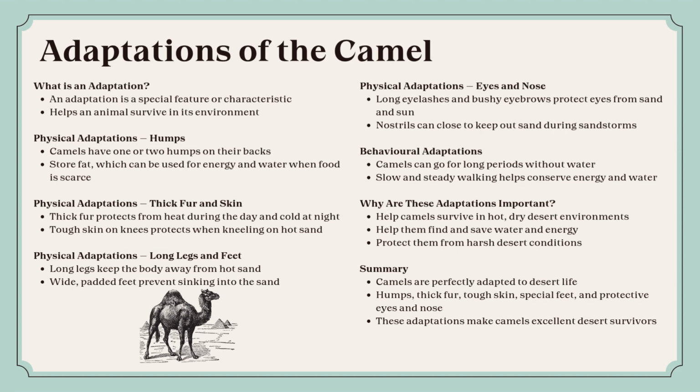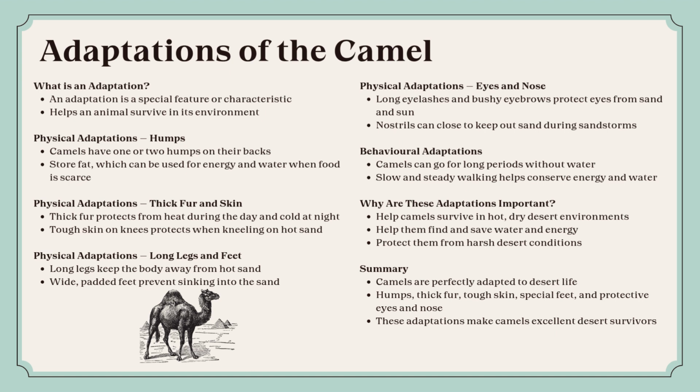Camels also have thick fur to protect them from the sun during the days and to keep them warm at nights because believe it or not, the desert gets freezing at night. They also have tough skin on their knees so they don't burn when they kneel on the hot sand.